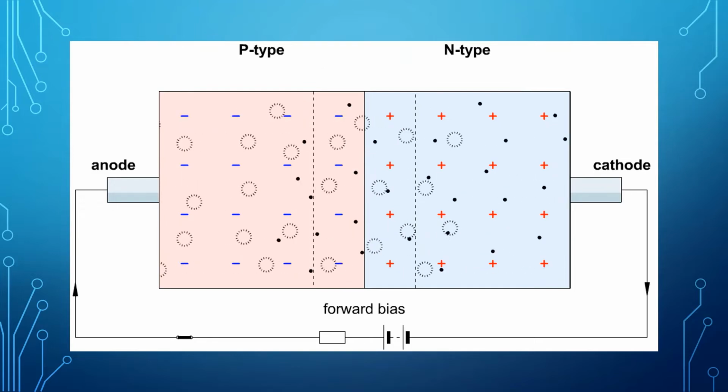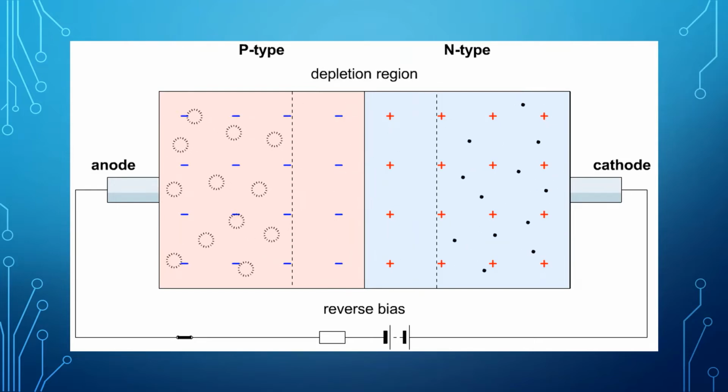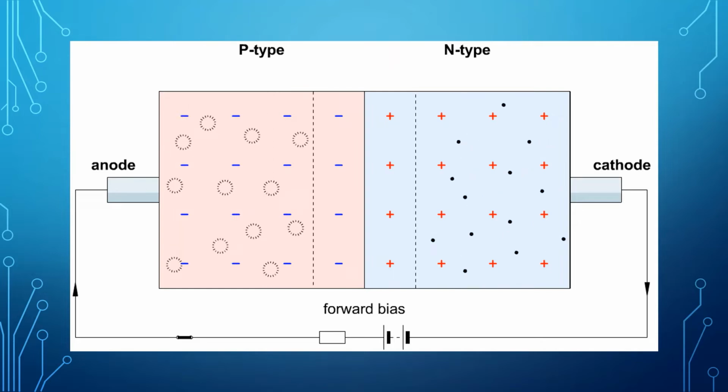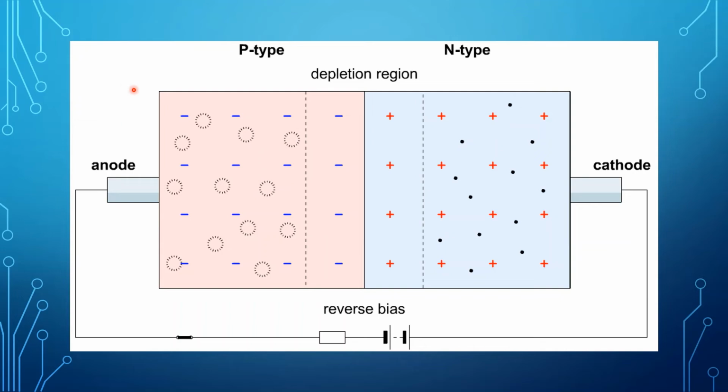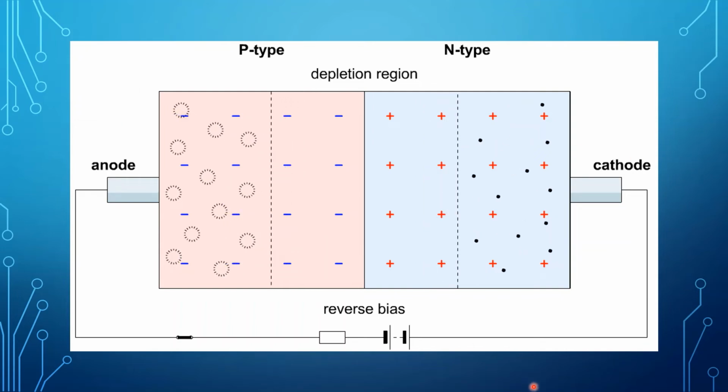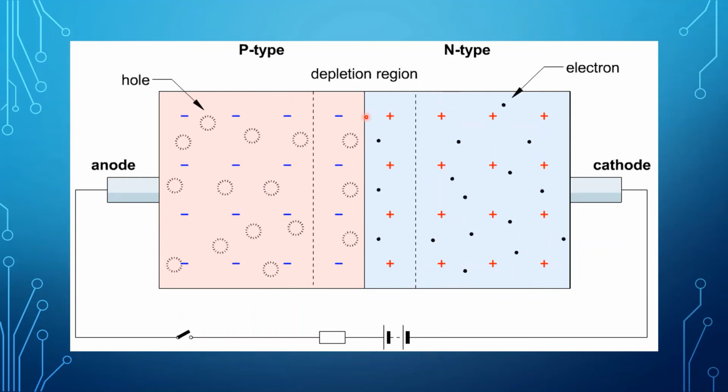In order to conduct electricity, the electrons and the holes need a current flowing from anode to cathode to overcome the depletion region.